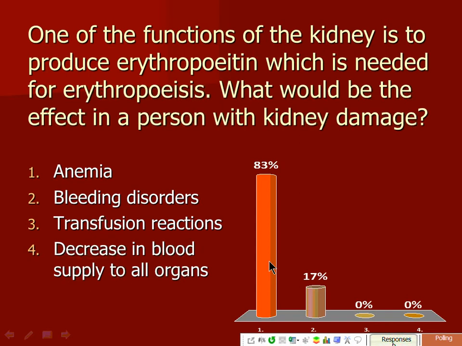Anemia, yes, very good. Not bleeding disorders. Erythropoiesis is production of red blood cells. So if the erythropoietin is not produced, red blood cells will not be produced properly, so the person will have anemia. In fact, anybody who's on dialysis, obviously it means the kidney is not functioning. They usually are anemic and they have to be given synthetic erythropoietin.